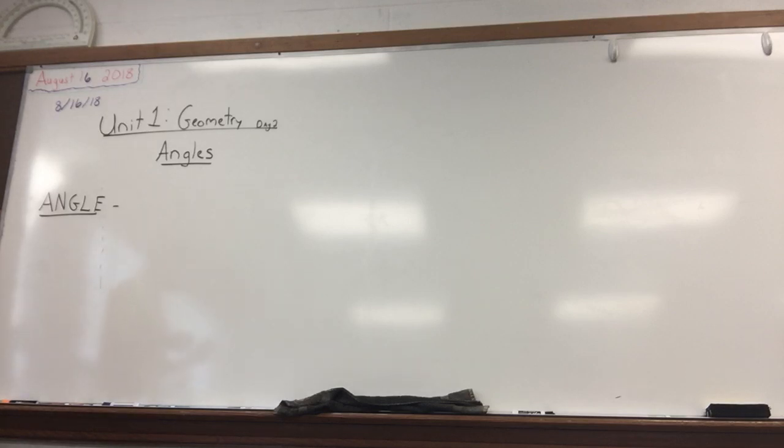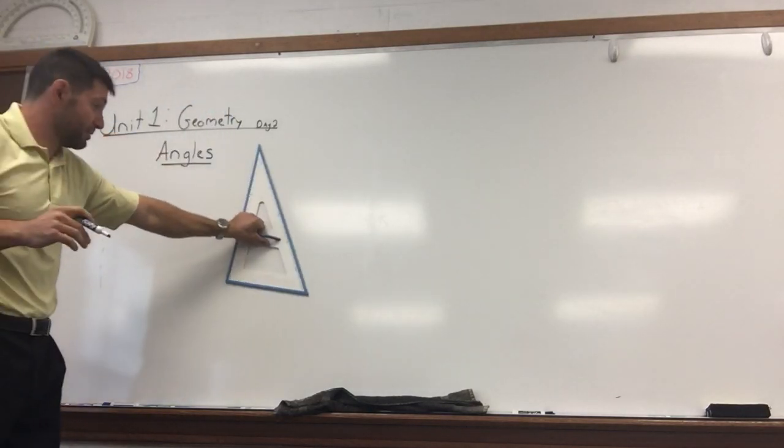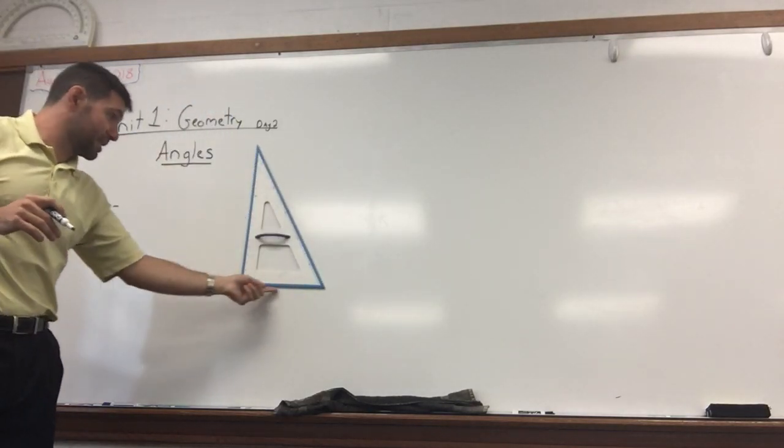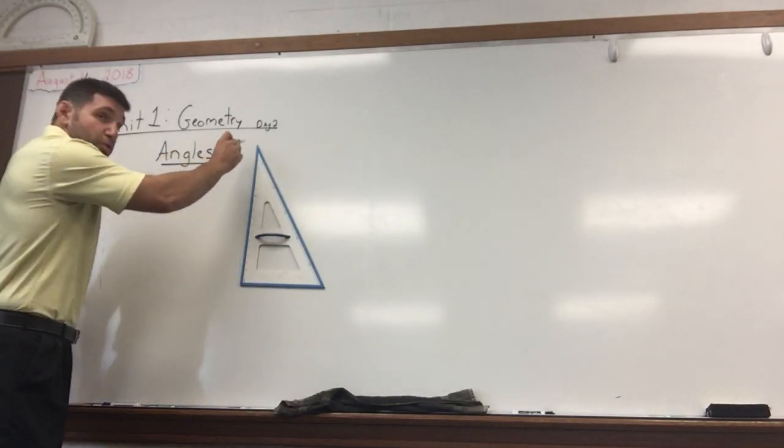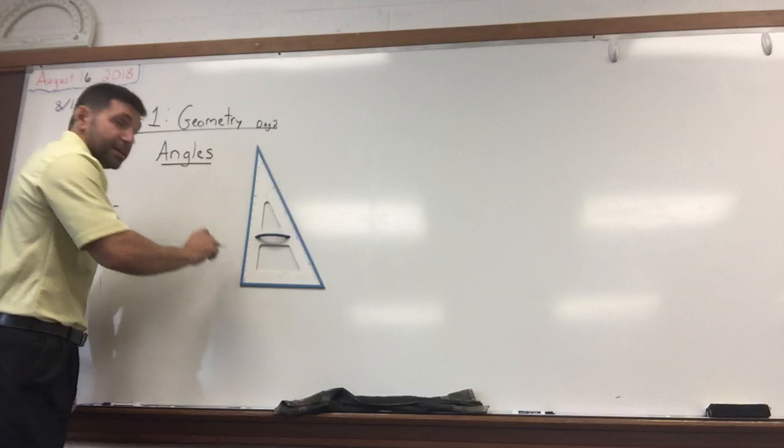Nemo. In this room, give me a good example of an angle. Right angle. Okay, that's a right angle. Can you tell me where a right angle would be? The triangle, right here. Is the whole triangle the angle? No. So, which way? Down this side or down this side?